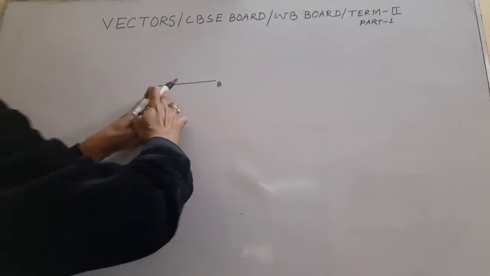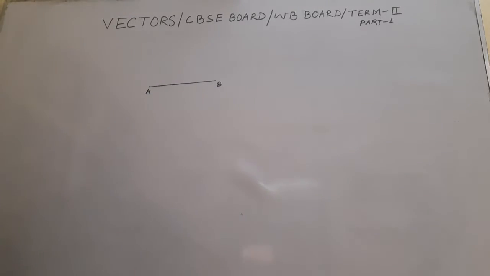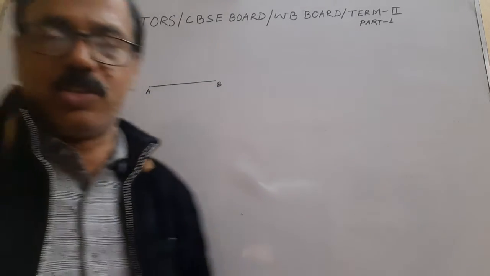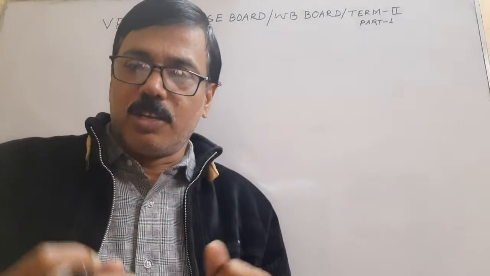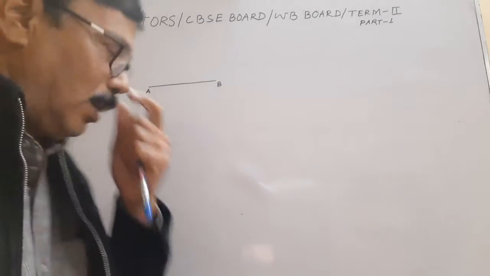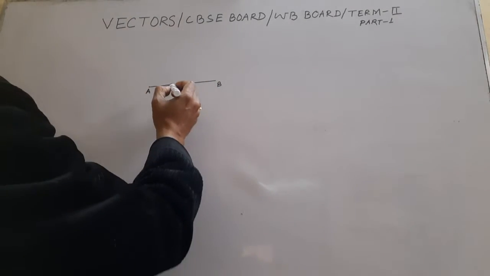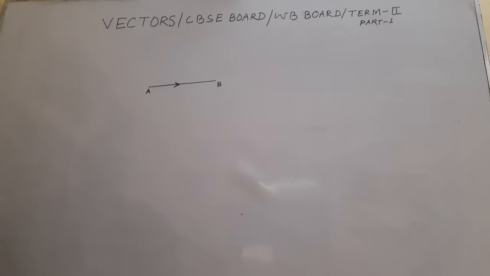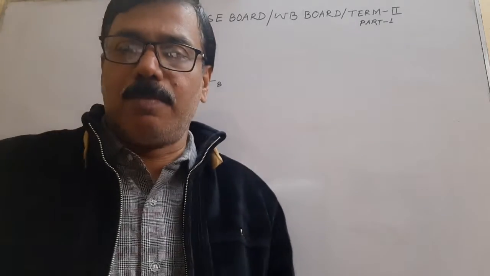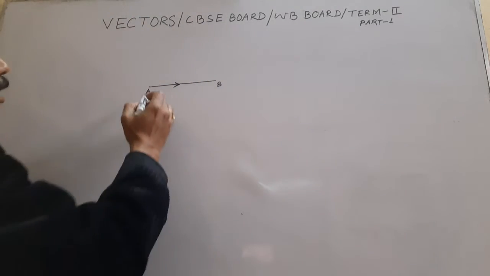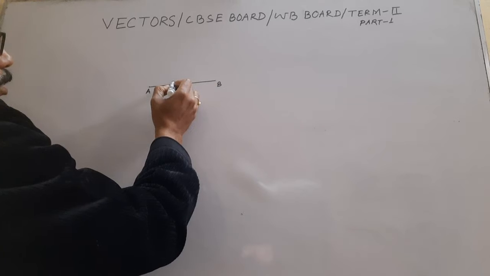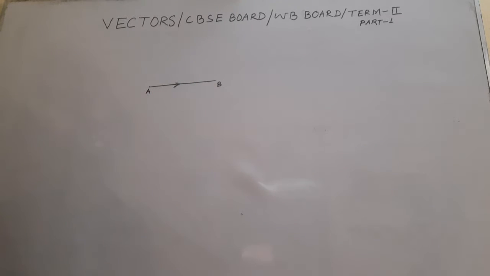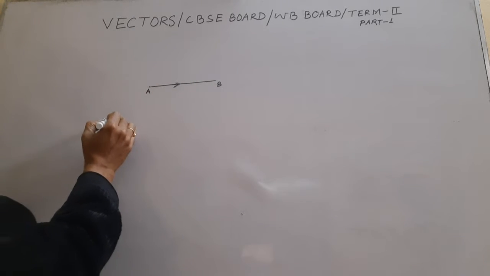Suppose it is of length 1 inch or 3 centimeter. So it has magnitude only. If you give direction, then it will be a vector, vector AB. So you are giving a direction.